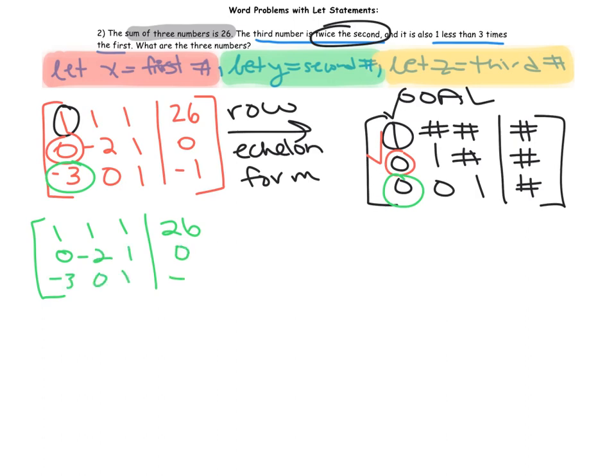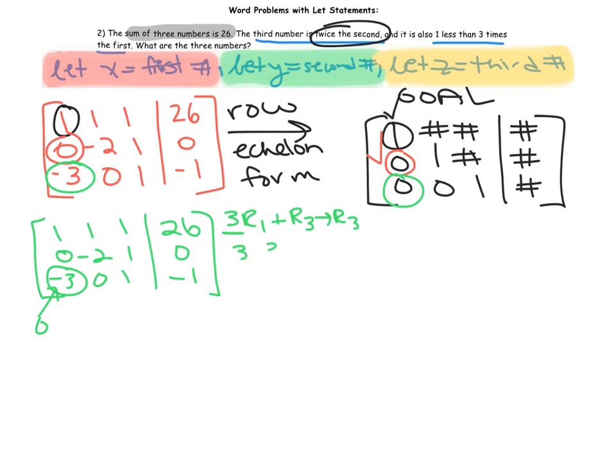All right, so now the way that we're going to turn this negative 3 into a 0 is if we multiply the first row by 3 and add it to the third row.